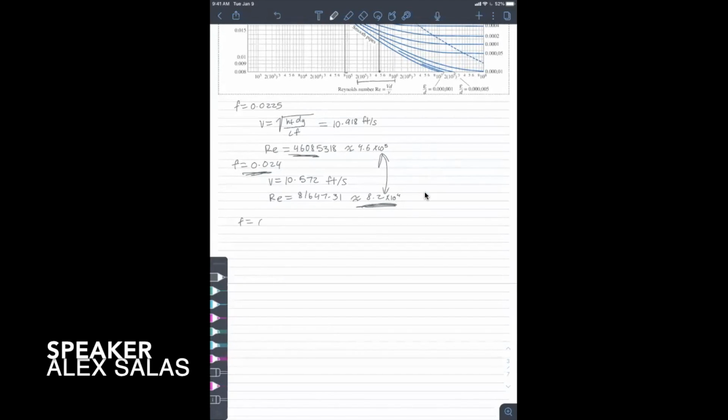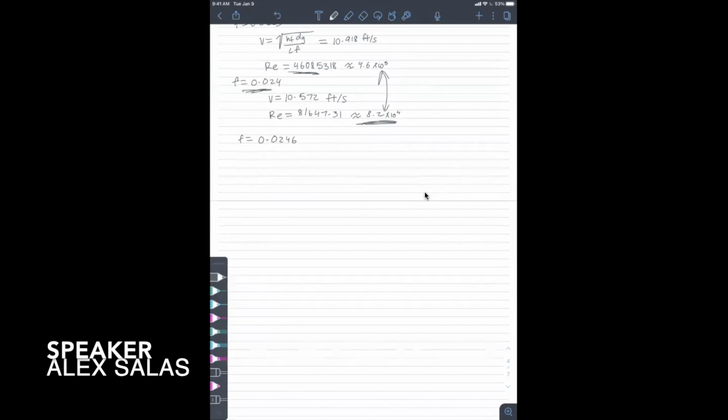So we're going to make another guess, 0.0246 this time. And the velocity at this guess is 10.44 feet per second. And then the Reynolds number is about 8.1 times 10 to the 4th. And that's super close.